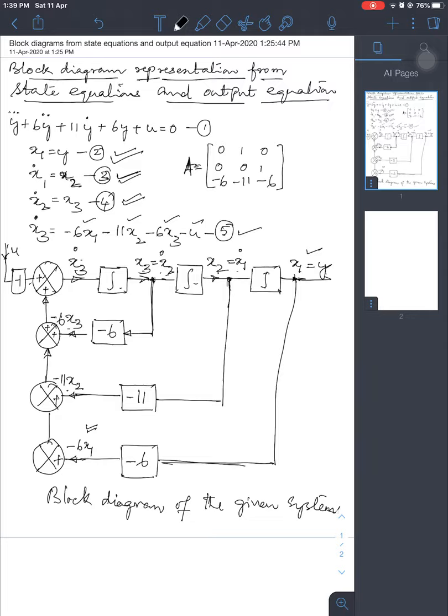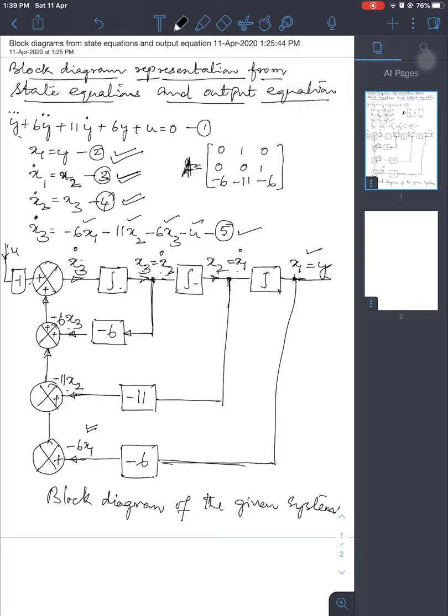When we model a linear control system using the phase variable method, given the differential equation, we can write the system matrix A by inspection. The system matrix A is written as first row being 0, 1, 0. The second row has got 0, 0, 1.